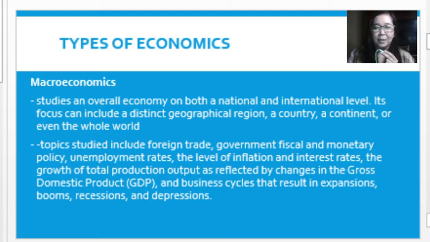Therefore, the topics that we can include under macroeconomics are foreign trade, which is the interaction between two or more countries in trading. We can also include government fiscal and monetary policy at the national level, unemployment rates, inflation and interest rates, our GDP, business cycles, and other things that are related to these matters.